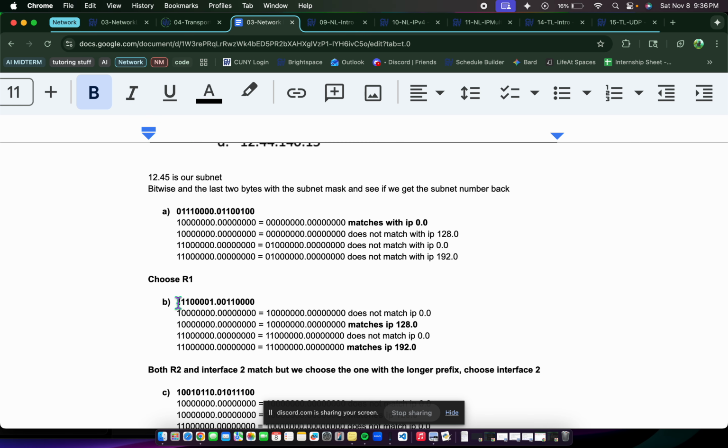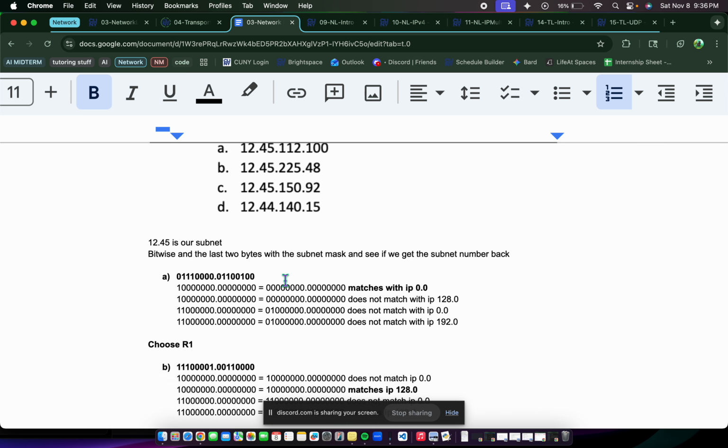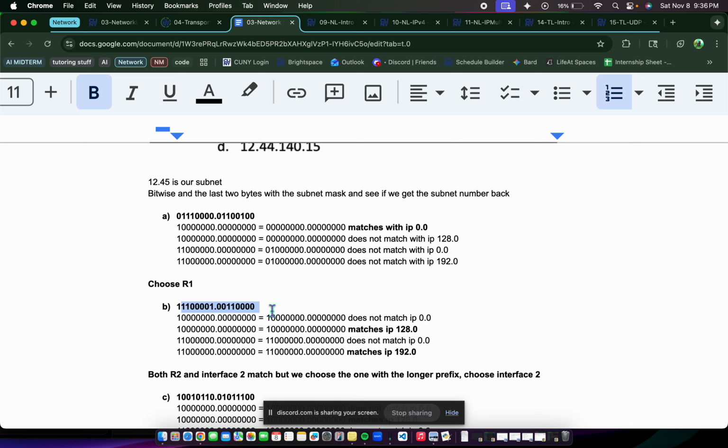Move on to the next one. Convert 225, 48 to binary. That's this over here. We take bitwise AND. Take it with 128. We get 128 back. This does not match 0. Does it match with 128? Yes, it does. So this is a match.